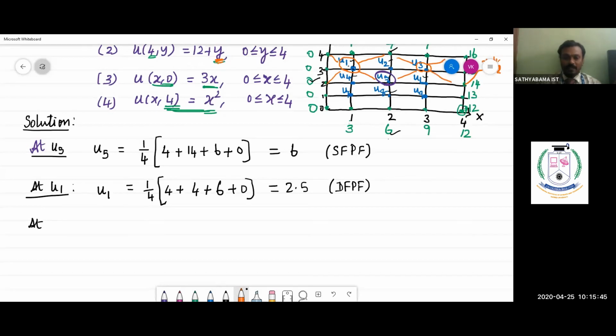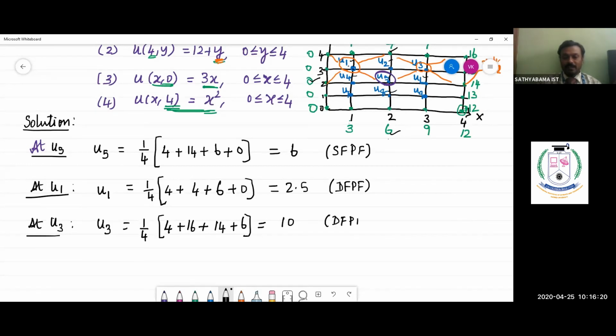So at U3, we have U3 is equal to 1 by 4 into the values along the diagonals, 4 plus 16 plus 14 plus U5, that is 6, and this works out to be 10. This we again got by applying the diagonal 5-point formula.